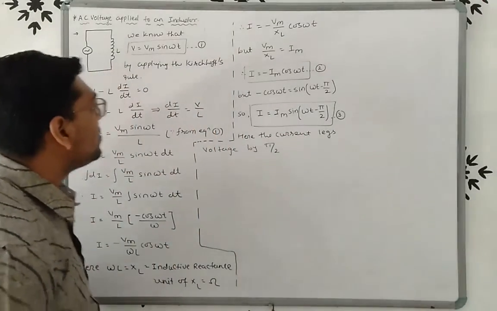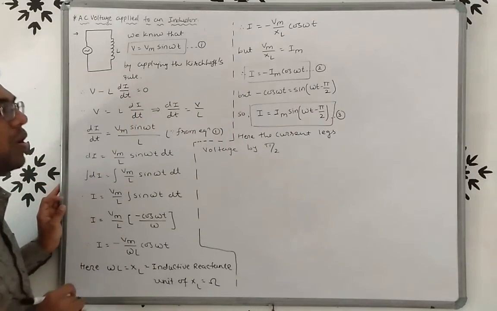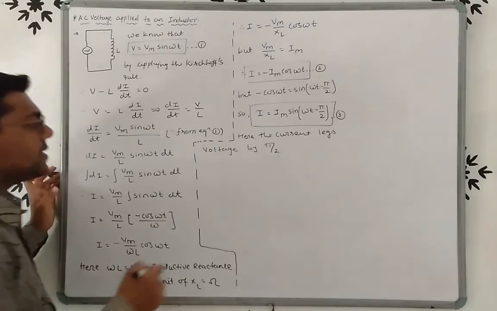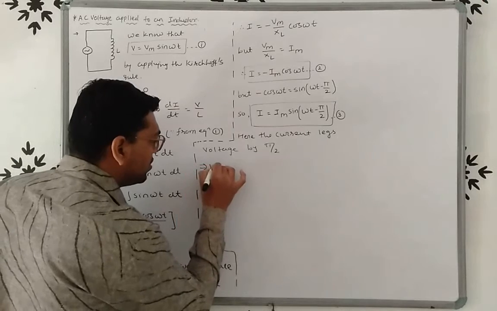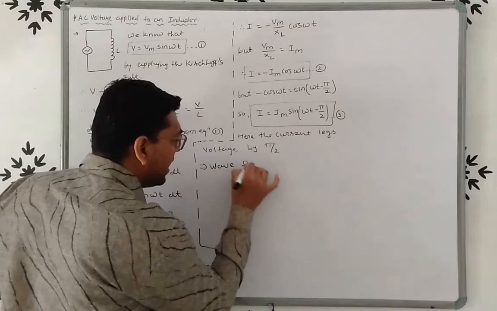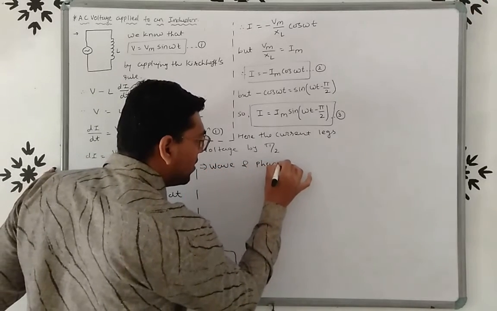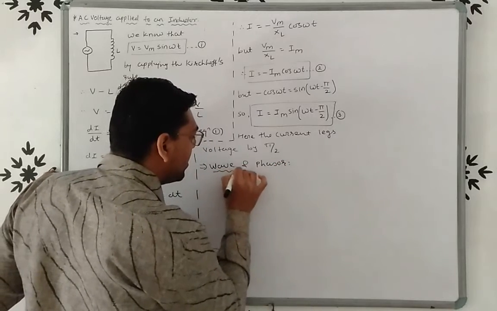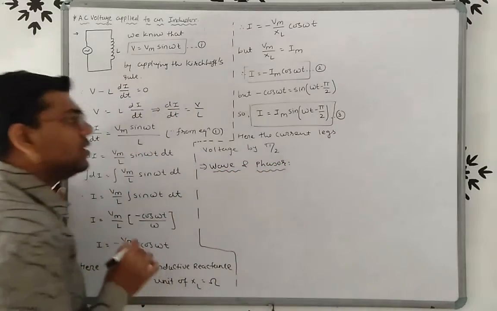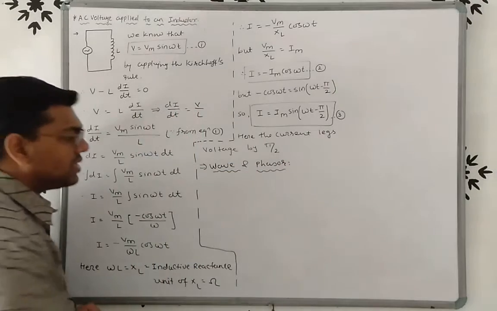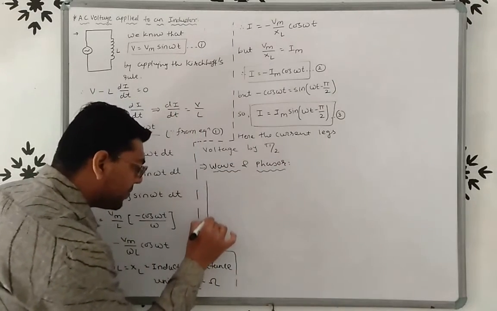So this current lags voltage by angle pi by 2. Now the waveform and the phasor when AC voltage is applied to an inductor. See, the waveform is like this.